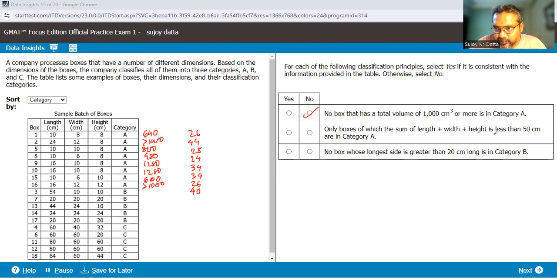Only boxes for which the sum is less than 50 are in category A. So that means if it is category A, it has to be less than 50, which is true. Yes. Okay. No box whose longest side is greater than 20 is in B.